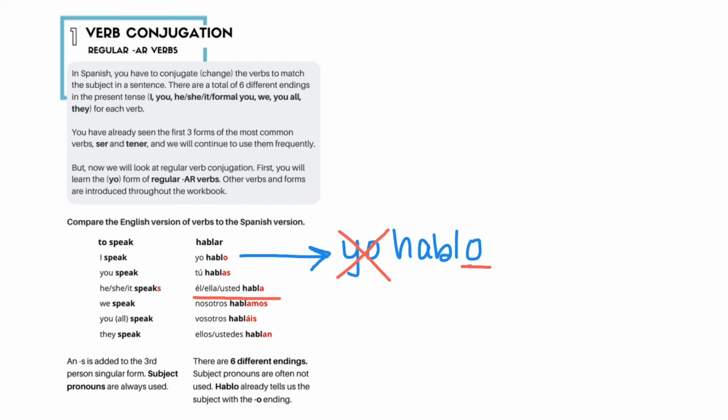Even though this is more work in the beginning for us to get used to, it's definitely better to start looking at the verbs and understanding the verbs are telling you the subject by the ending. That O is already telling me yo. And the action through the word root.